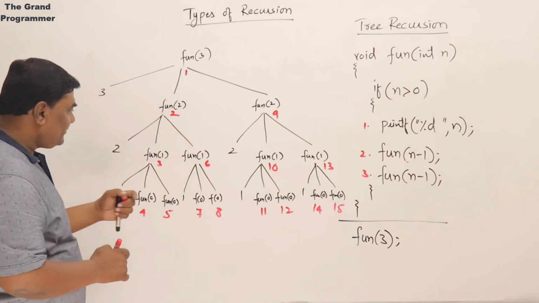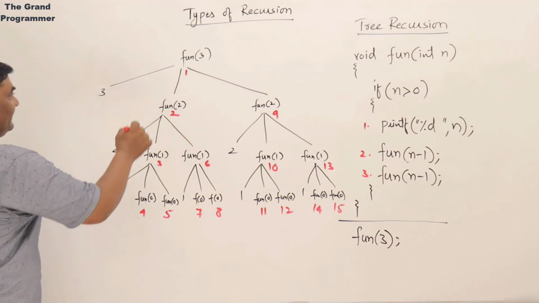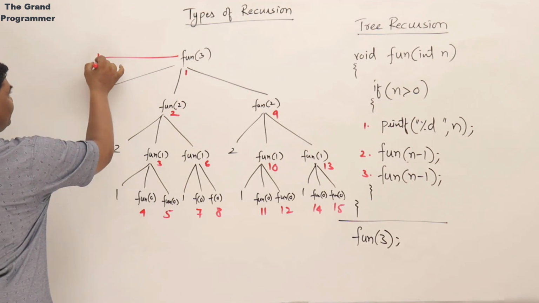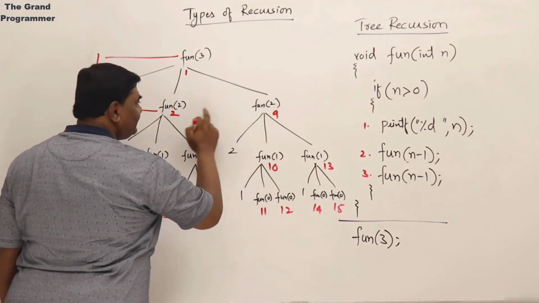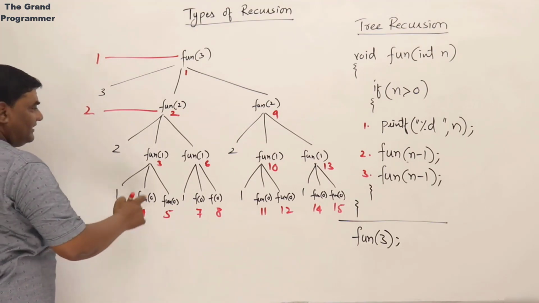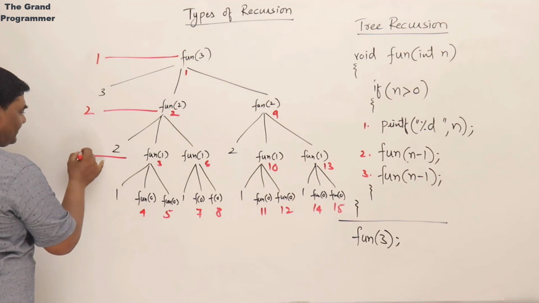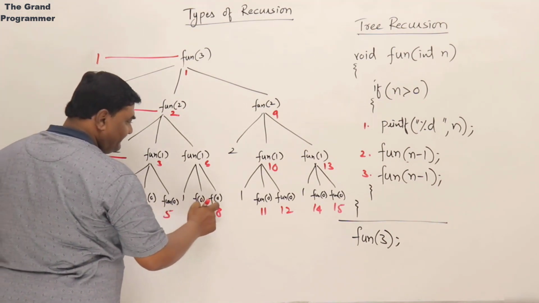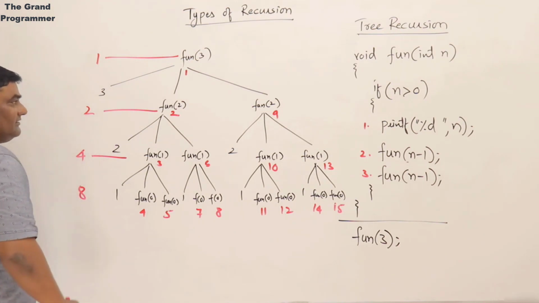So if I count the number of calls level wise, then in this level just one call is made, and in this level if I see 2 calls are made, and in this level 1, 2, 3, 4 calls are made, and this level 1, 2, 3, 4, 5, 6, 7, 8 calls are made.